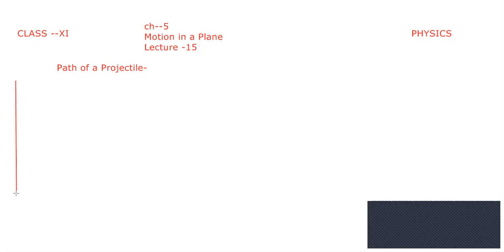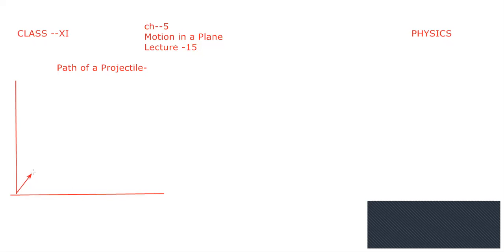The path of a projectile is basically the relation between the x and y axis, how the x and y coordinates move with respect to each other.